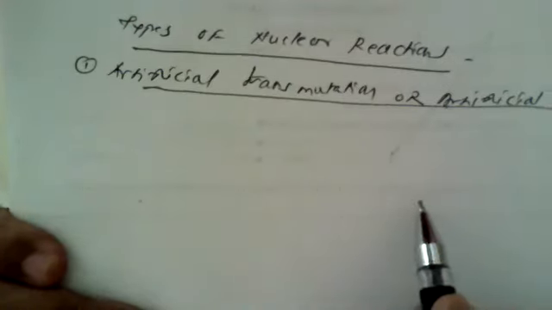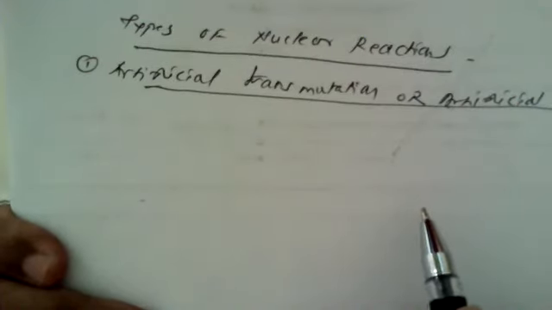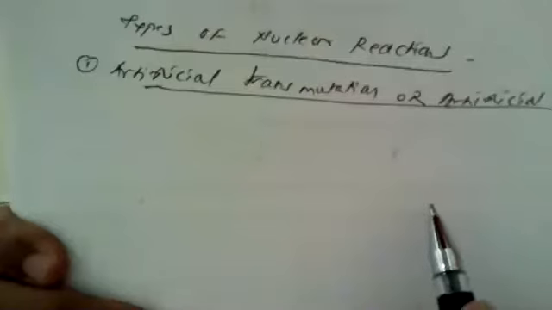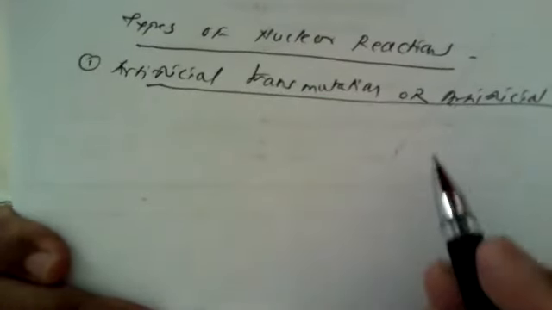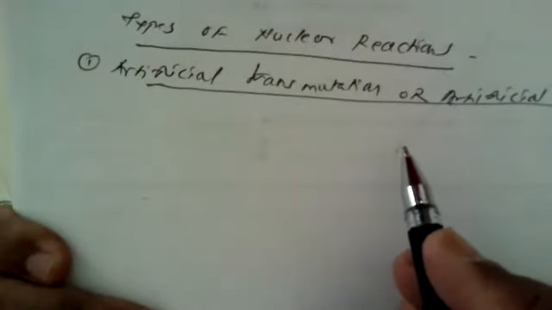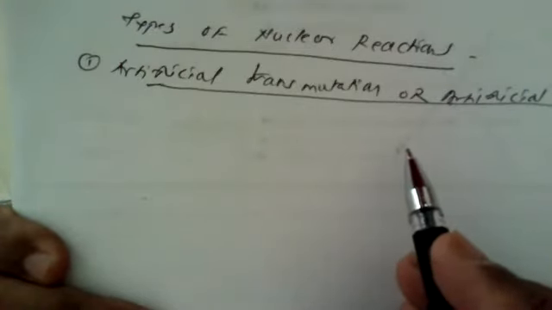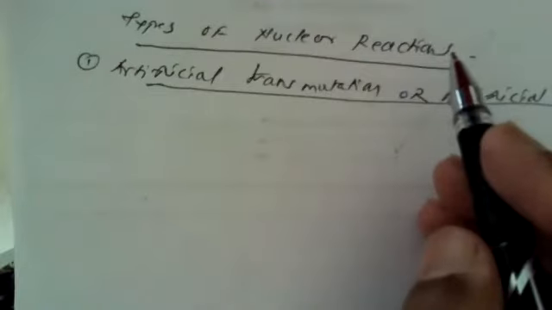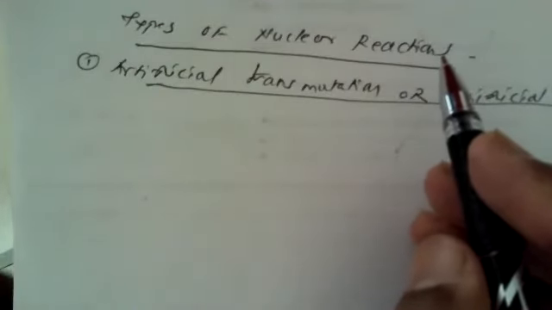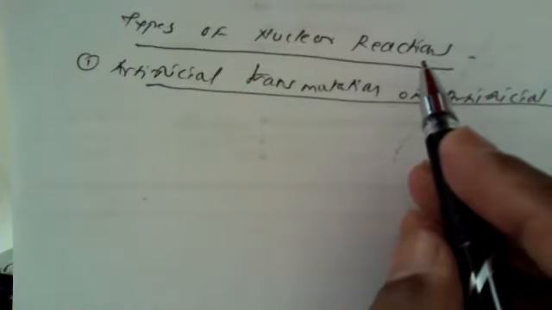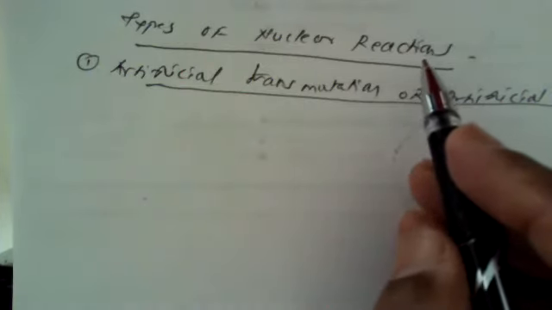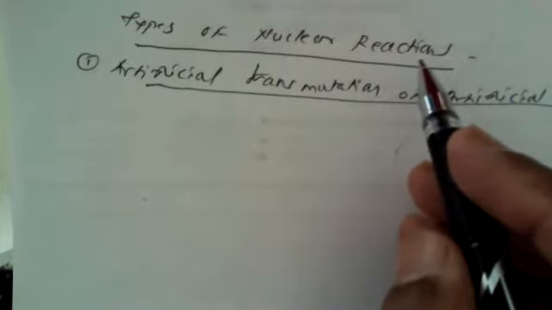In artificial transmutation, helium nuclei, protons, deuterons or neutrons are used as projectiles or bombarding particles. These projectiles are thrown on the target nucleus with a greater speed, and for this the cyclotron or similar instruments are used to accelerate the projectiles.